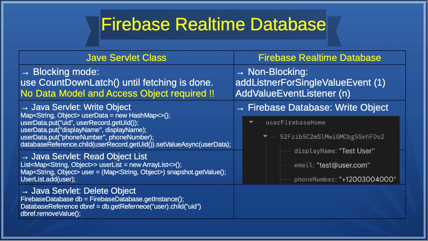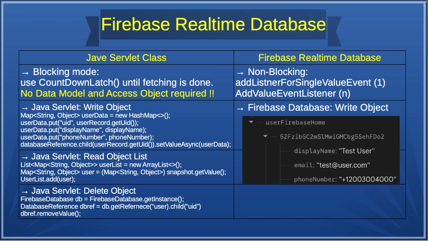Under the UID there are display name, email, and phone number key value pairs. And for the Java servlet to read objects, based on a new ArrayList, you can add one more Java util List and Map, and then it will be a new ArrayList, and then a Map of String and user, get the snapshot value, and then add the user object to the object list array.